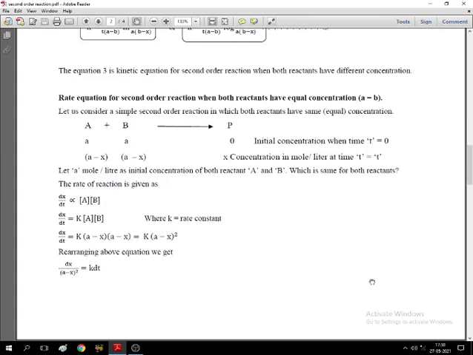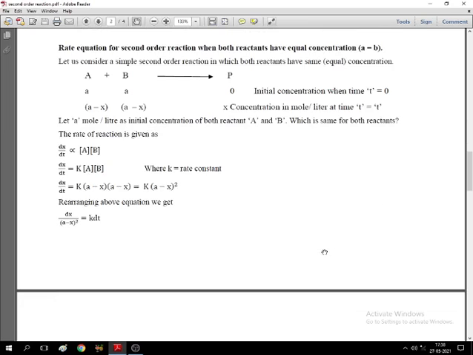Now, let us derive another equation for a second order reaction when both reactants have equal concentration, that is A is equal to B. Now, let us consider a simple second order reaction in which both reactants have the same or equal concentration.